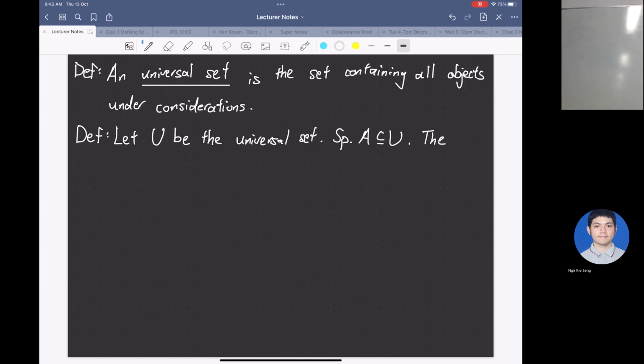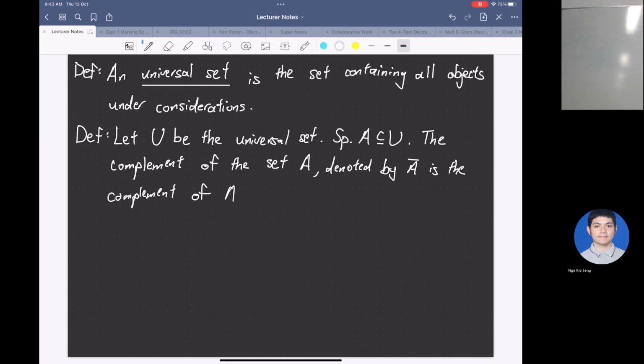So the complement of the set A, denoted by A bar, is the complement of A with respect to U. Okay. Maybe you can ask why we are interested in the complement of the set A.